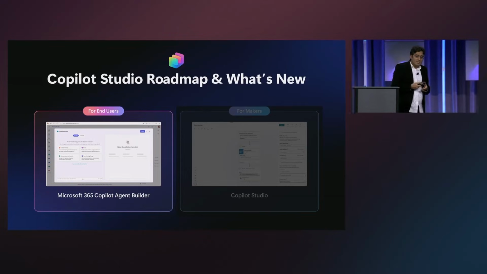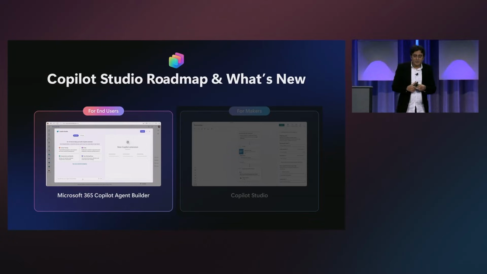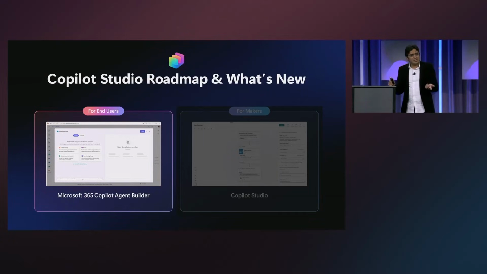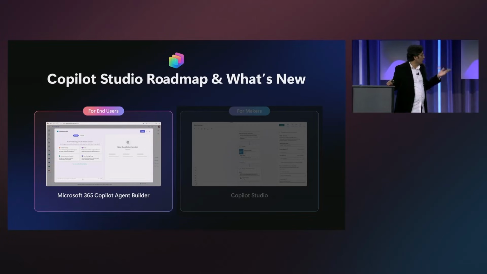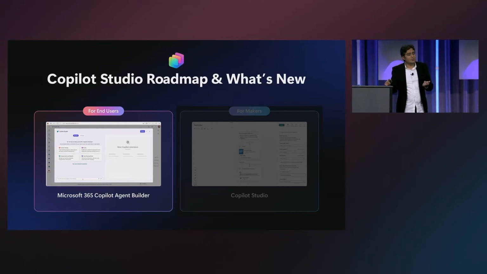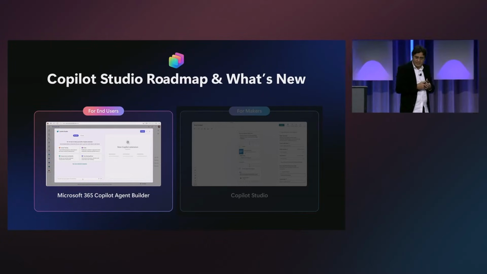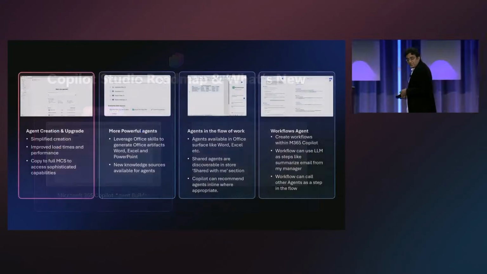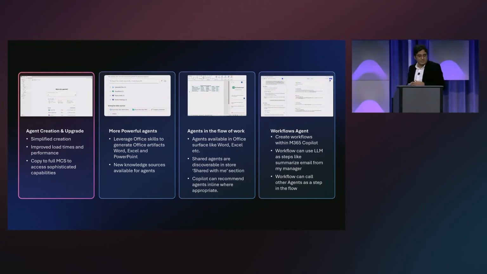So now Copilot Studio comes, as you know, in 2 flavors. Our simple agent builder that's embedded inside of Microsoft Copilot for information workers, and our full enterprise agent building tool that helps you build enterprise-grade agents. So let's begin our review with what's new for information workers using agents inside of M365 Copilot.